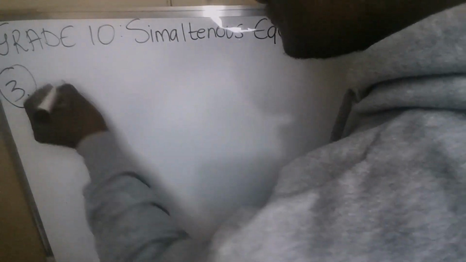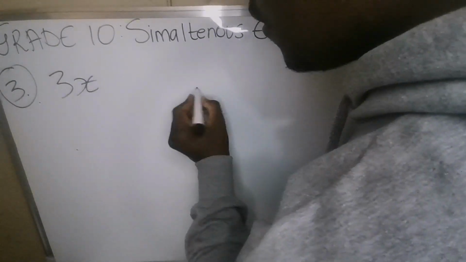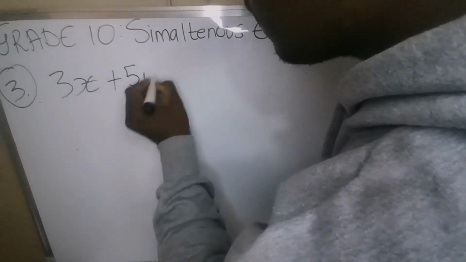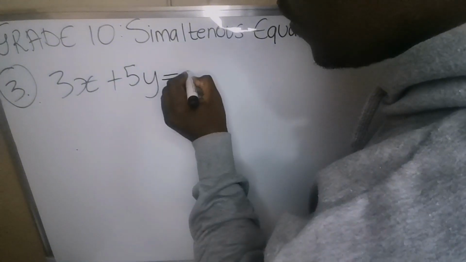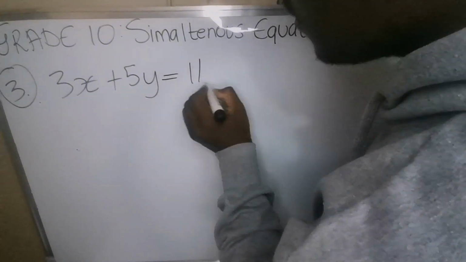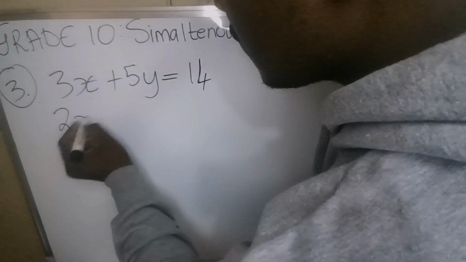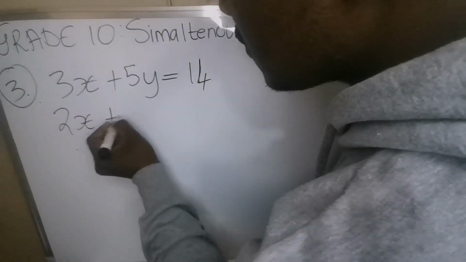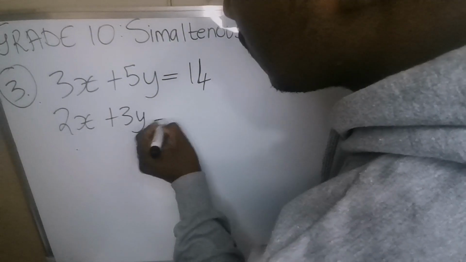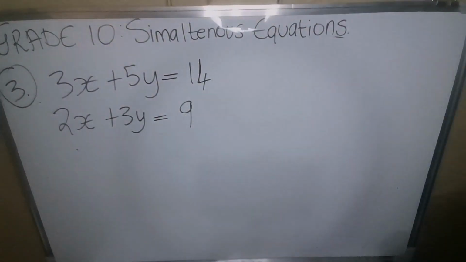It says solve for x and y if you've got 3x plus 5y is equal to 14, and 2x plus 3y is equal to 9. Now this one is complex, but it's so simple, guys.